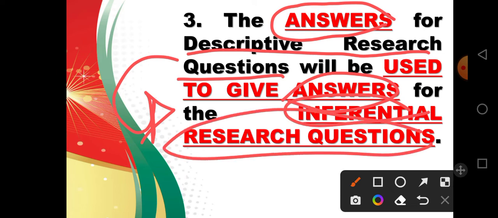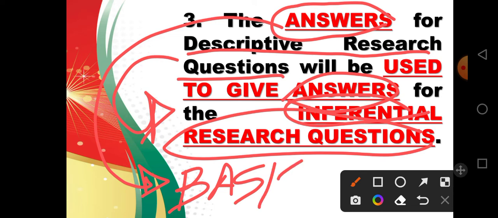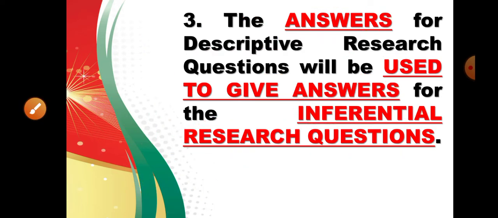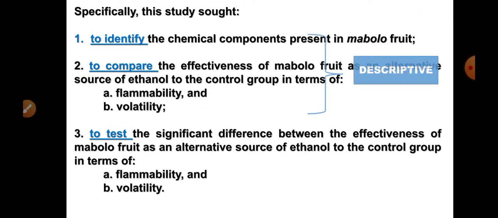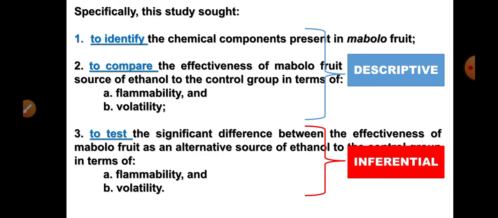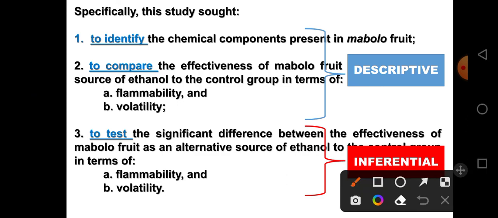And because the descriptive research questions will provide the basis for us to answer the inferential research questions, it only means that the descriptive research questions must be written first before the inferential research questions.